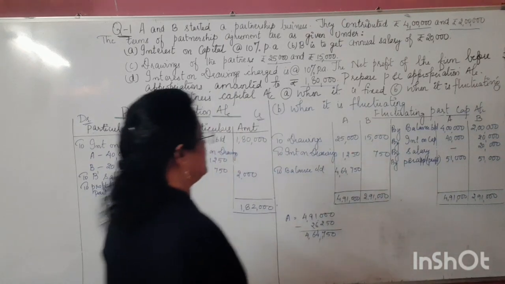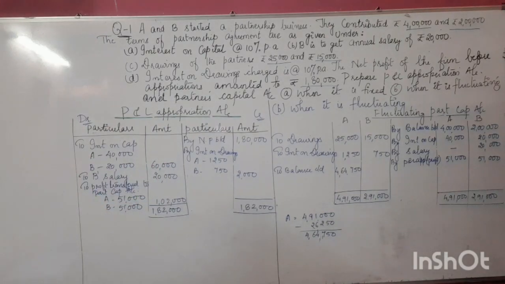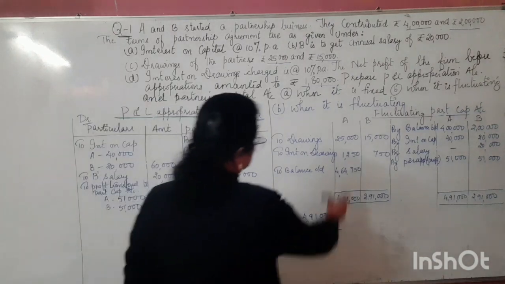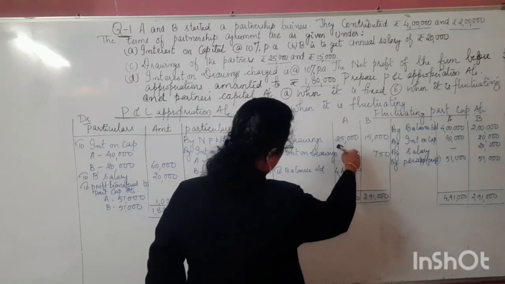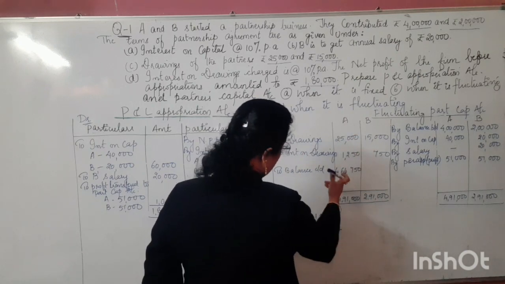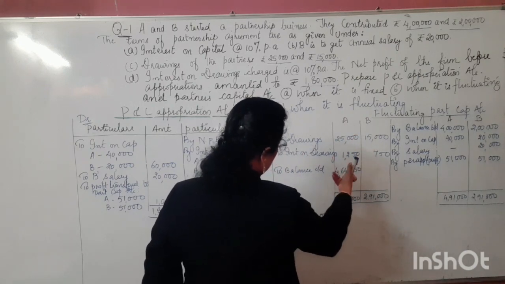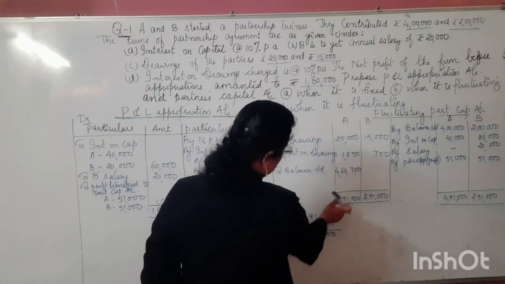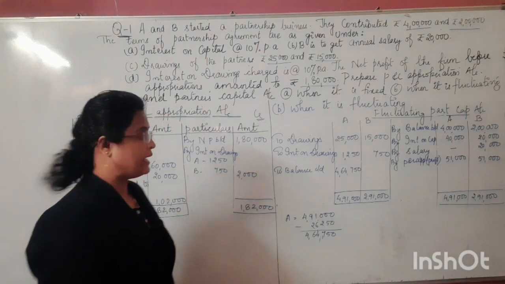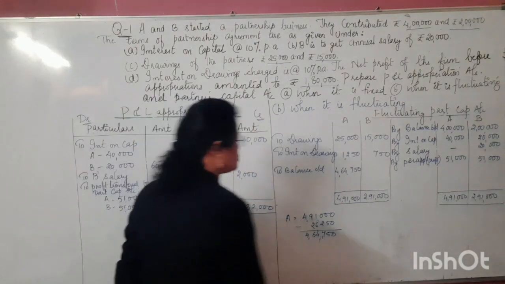Let's check whether the total is coming 4,91,000. If it's coming 4,91,000, then it is correct. So it's just like this: 0, 5 plus 5, 10, 0, then 10. Then 6, 7, then 7 plus 4, we will be having 11, 1, then 6 plus 2, 8 plus 1, 9. Hence, after doing the total of this, we are going to get the total 4,91,000. Now, for B, how to calculate this?